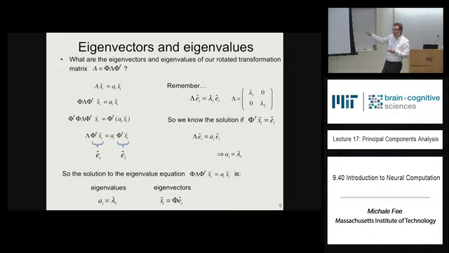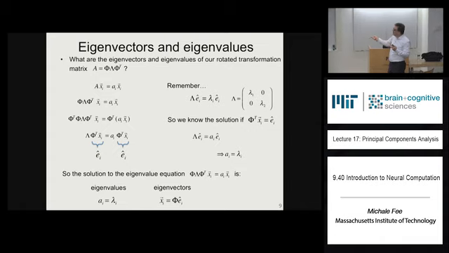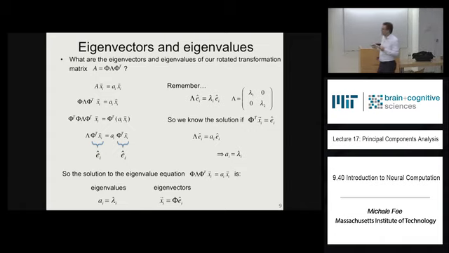Okay, we went through both examples of how this equation is true for the case where lambda is a diagonal matrix and the e's are the standard basis vectors.